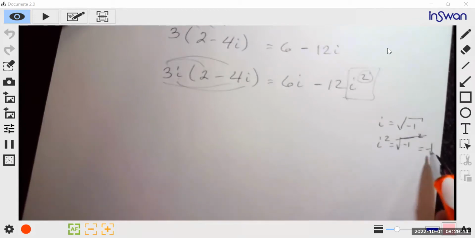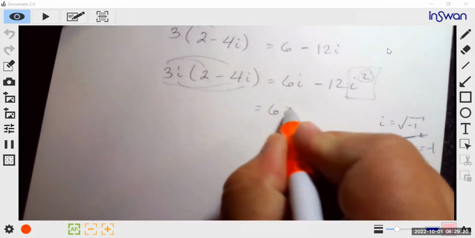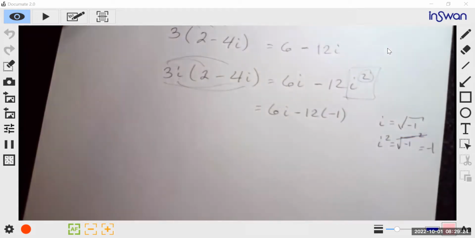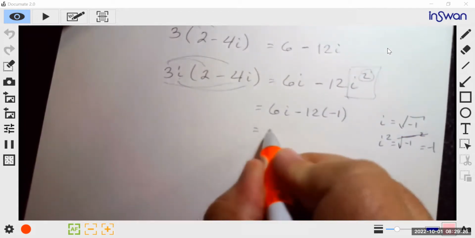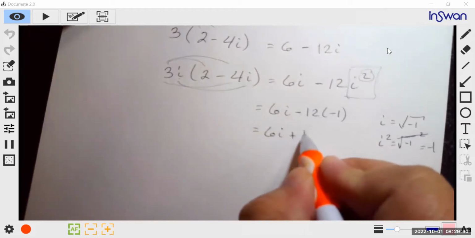So if you have I squared, replace it with a -1. Negative times negative is a positive. 12 times 1 is 12.